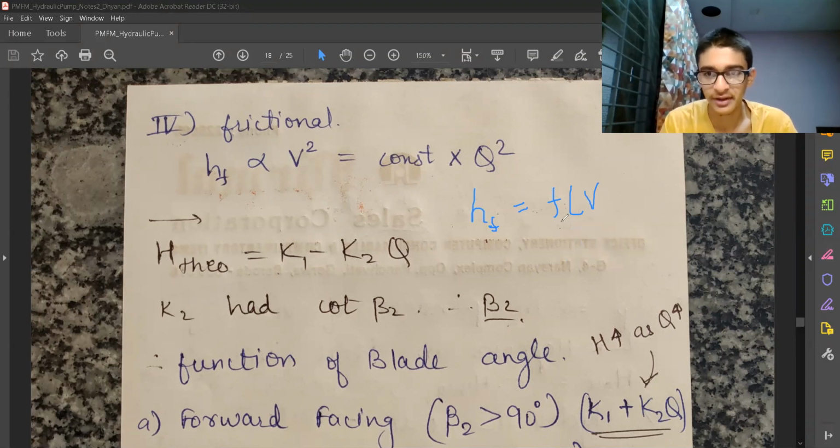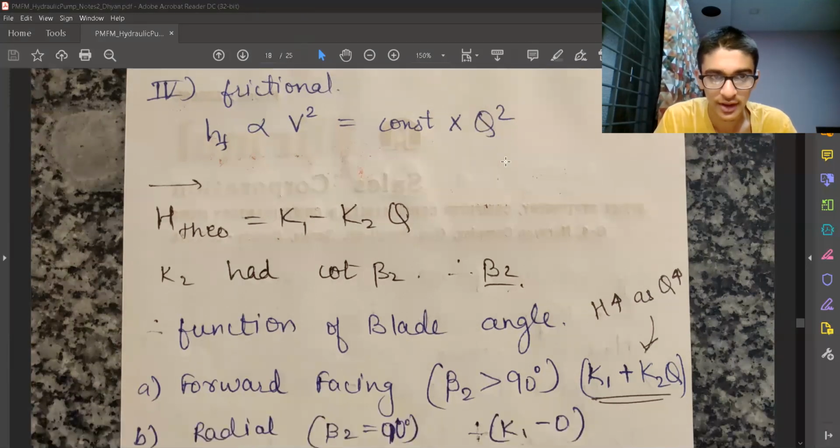Whatever material we have used or whatever dimensions we have, they are all constant after we have made the pump. Hence HF depends on V, and V is directly proportional to Q, because Q is equal to V into area. So we can write HF, that is head loss due to friction, is equal to some constant times Q square. So with friction, it is going to increase monotonously, or strictly increasing.